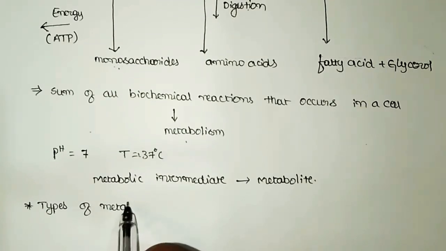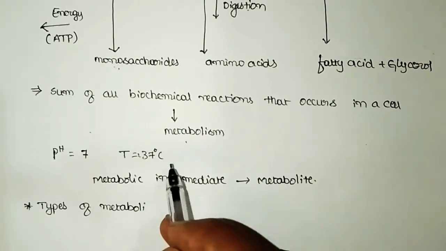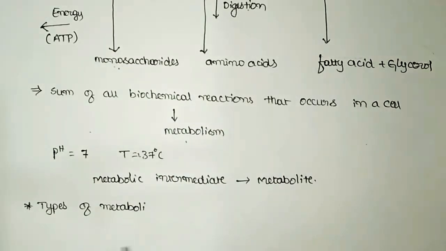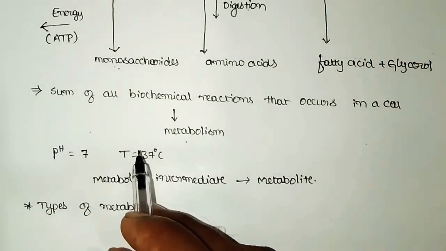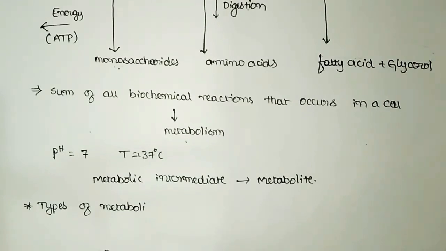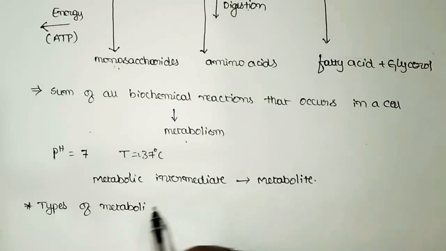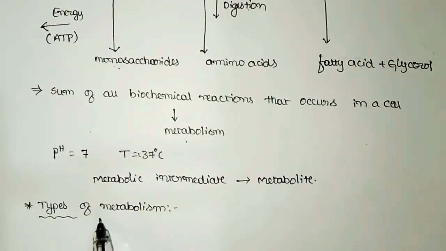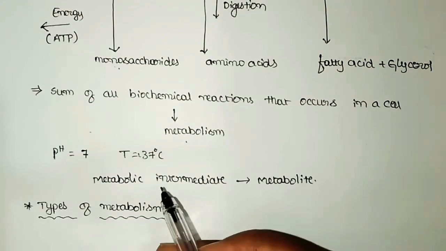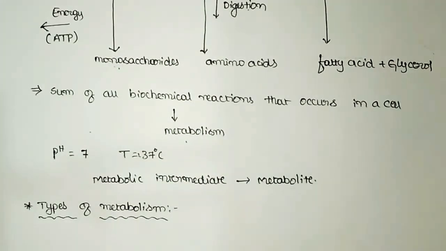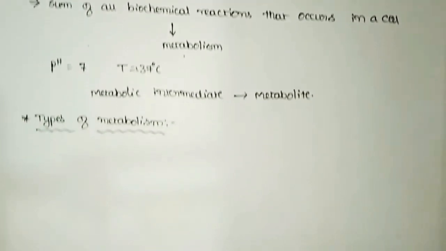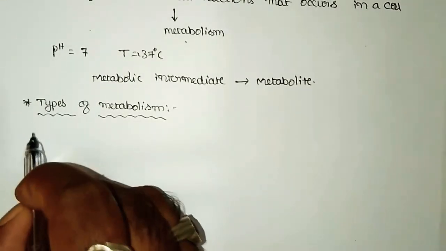Because we said already, in one case complex nutrient molecules are converting into simpler units, and in the other case the simpler units are converting into complex nutrient molecules. So depending upon this, we are classifying the metabolism, and depending on the type of conversion that is happening, metabolism is broadly classified into two categories.